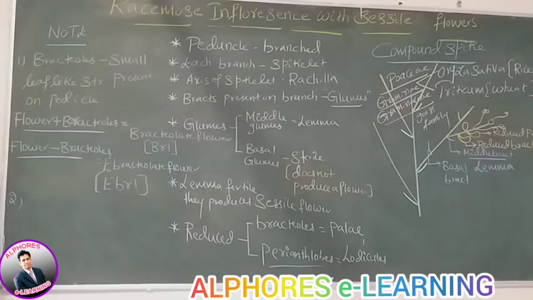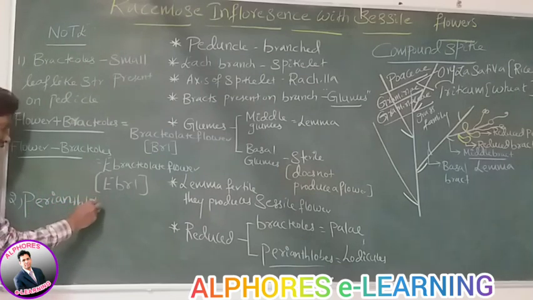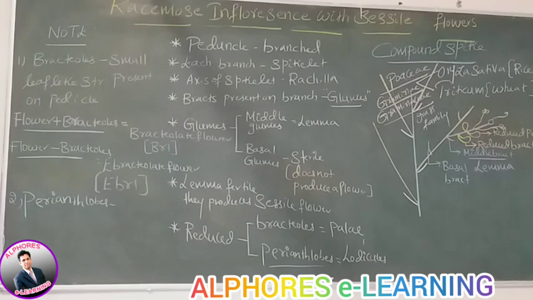Such undifferentiated calyx and corolla are called perianth lobes.